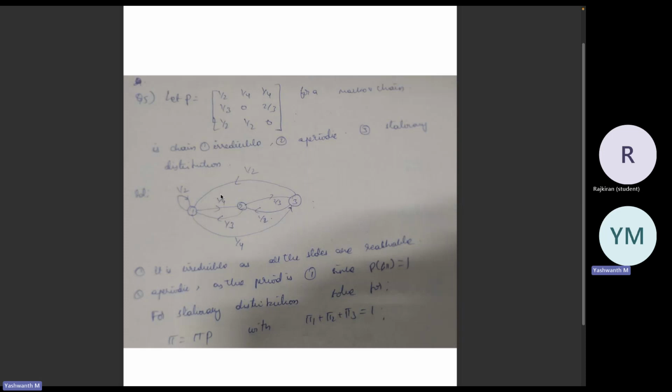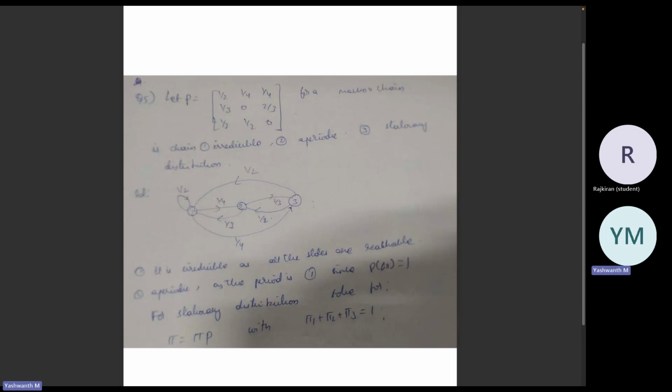This is another example where you have to say whether it is irreducible, aperiodic, and if it has a stationary distribution or not. Again, it is aperiodic because state 1 has a loop, and the period of state 1 is 1.